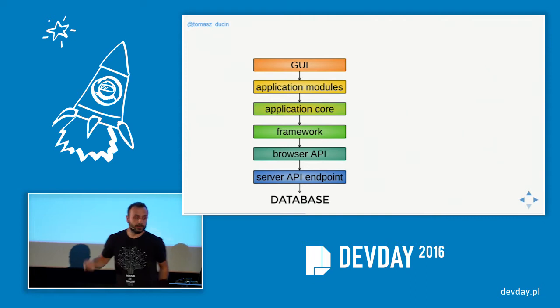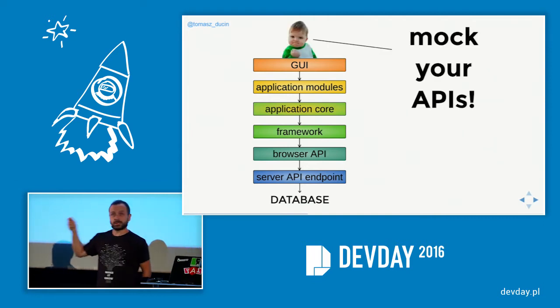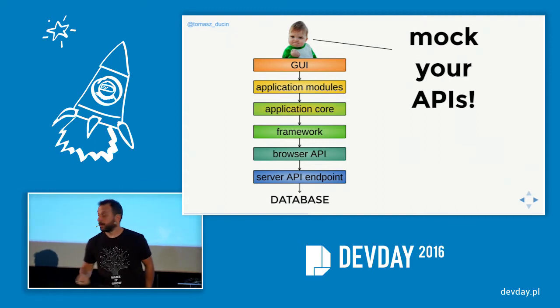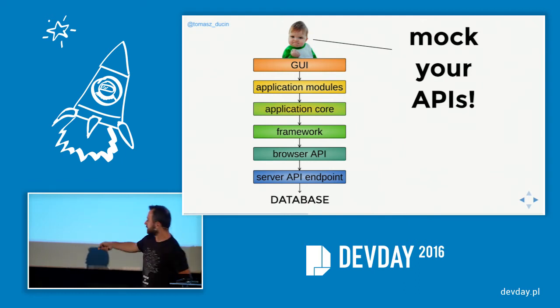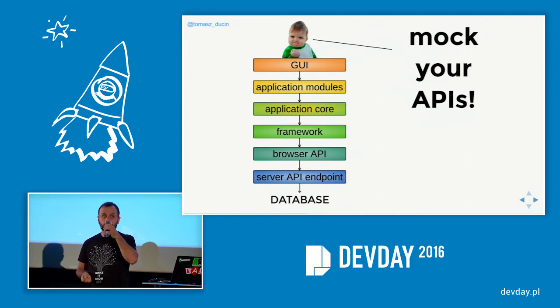So the question is, if you want to mock, which of these layers do you think make sense to be mocked? Server API, yeah, definitely. Of course, you can mock a database as well, but this is outside of the scope of this presentation. What else do you think makes sense to be mocked? Application core.